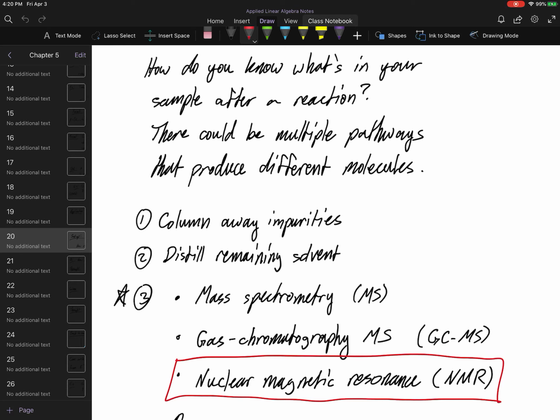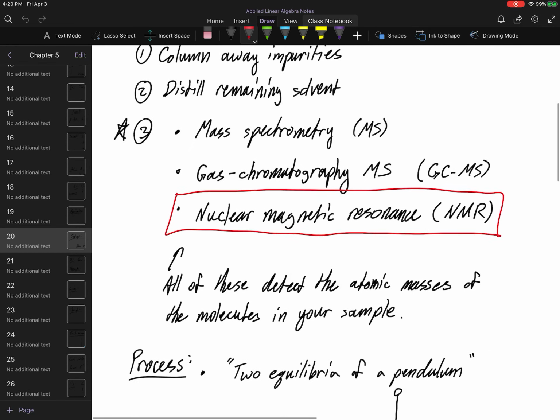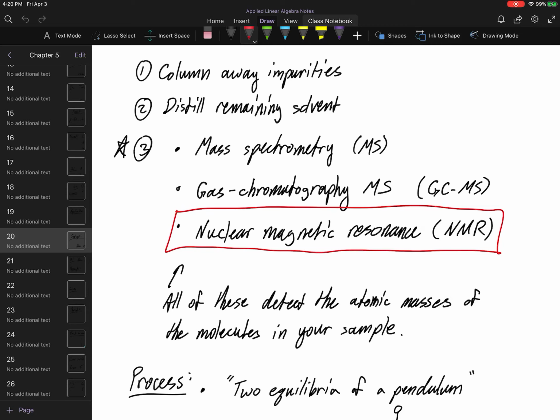And typically there are a couple of different ways that we can determine what is in the sample after we run the column and distill away the solvent. This is a collection of 3 different methods that are very common. First, we would use possibly mass spectrometry, or gas chromatography mass spec, or in this case, the thing that we're going to learn about, the thing that we're going to apply our linear algebra to, is something called nuclear magnetic resonance, right?